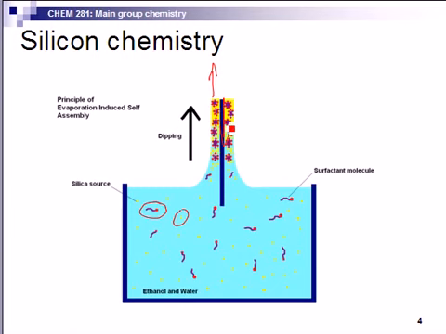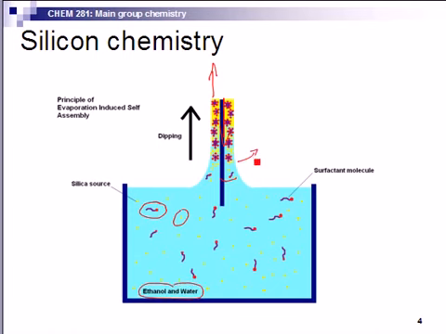When you pull it out, you wet your surface with some solution, and as you take it out, you start evaporating your solvent. In this solution, you have a mixture of ethanol and water.